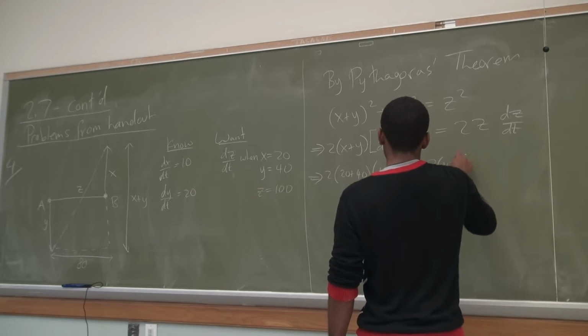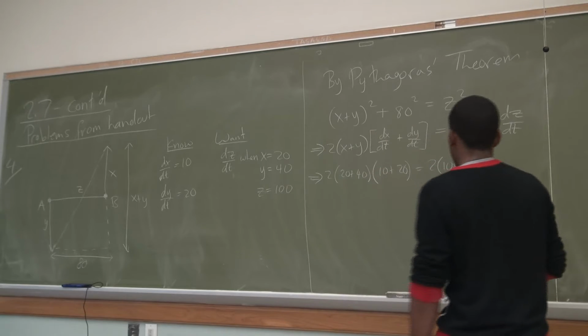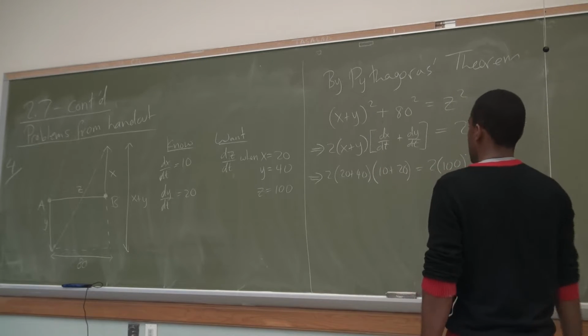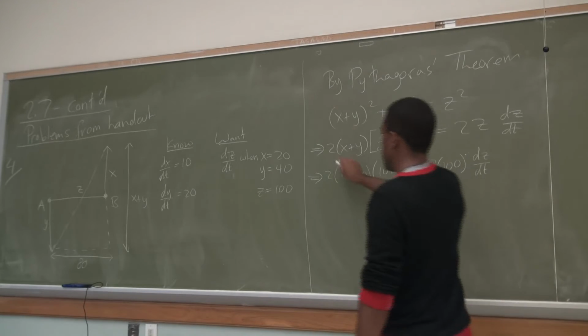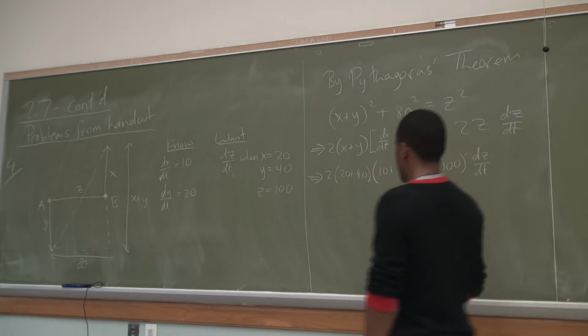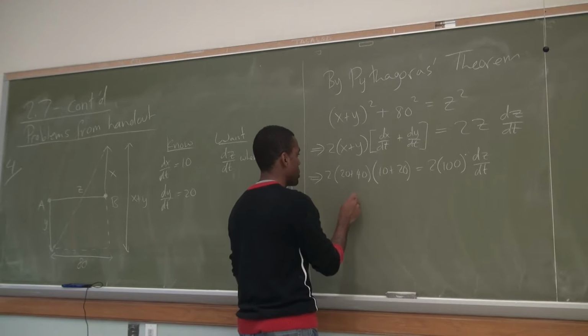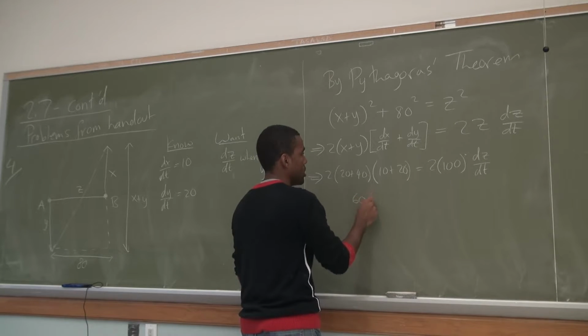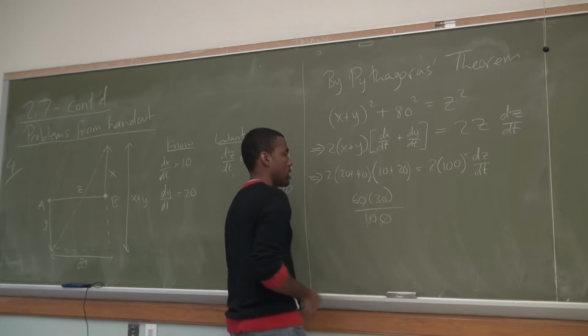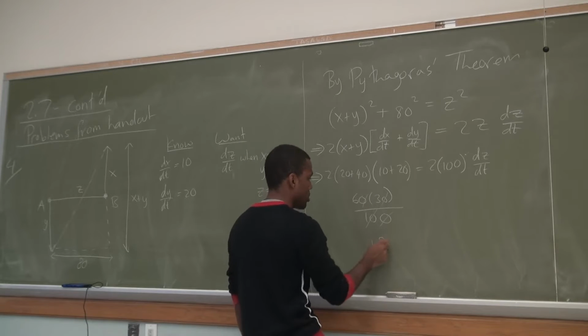Again, because it was a 3, 4, 5. So we can cancel the 2's, and here we have just 60 times 30 over 100. So the zeros cancel. It's just 18.